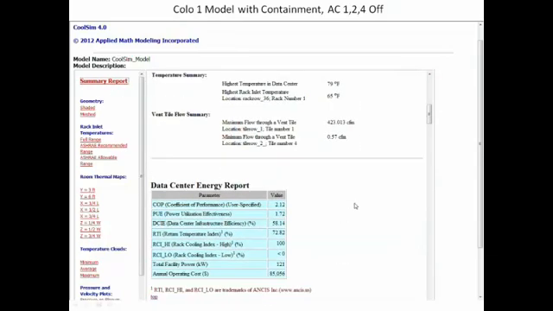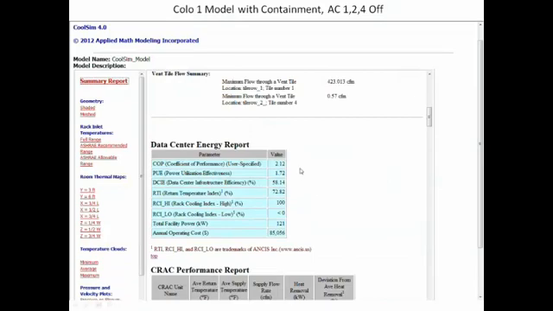And I'll go right down to the energy report. Well, look, the coefficient of performance moved up to 2.12. So the fact that I dropped out 3 crack units means that I got a much better coefficient of performance. Now, the reason I know what that number is, is measurements the customer made. The customer made measurements on the power being consumed by those crack units.